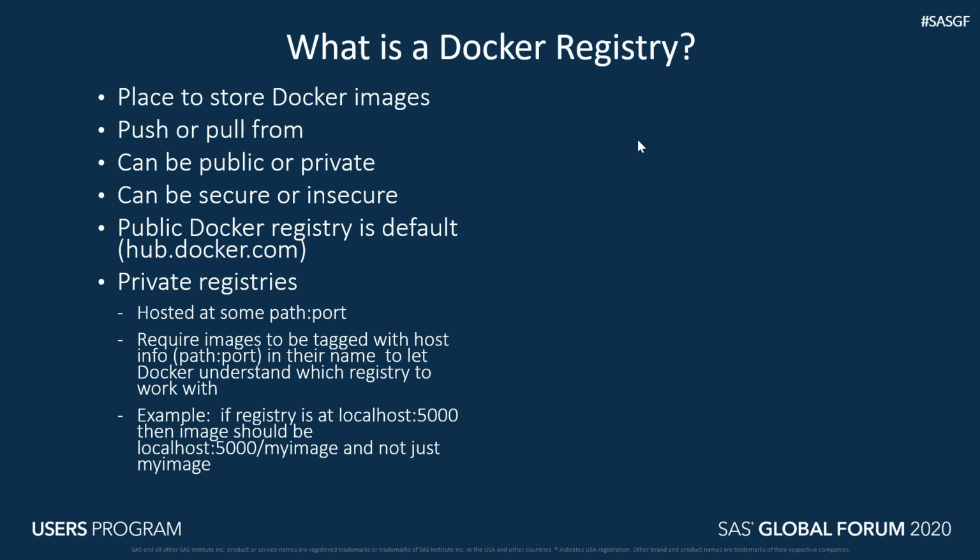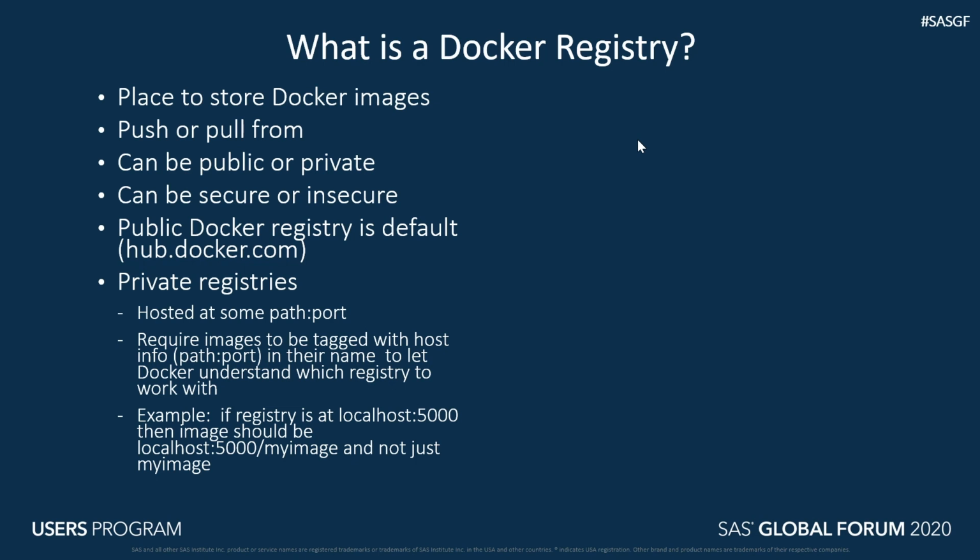So for example, if our registry runs by default at localhost colon 5000, and we had it running and surfacing through localhost 5000 as far as URL, then our image would need to be tagged with localhost:5000/ the image name and not just the image name.